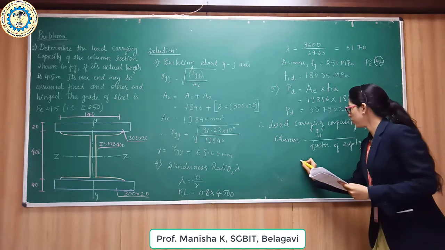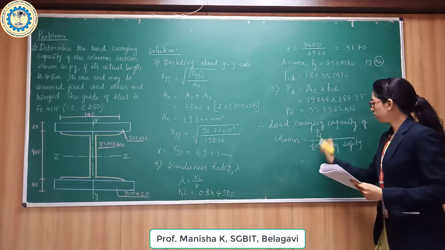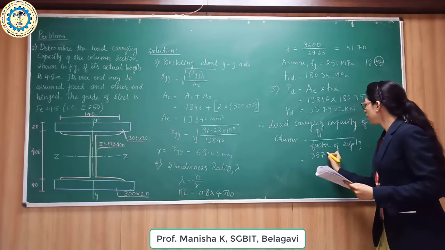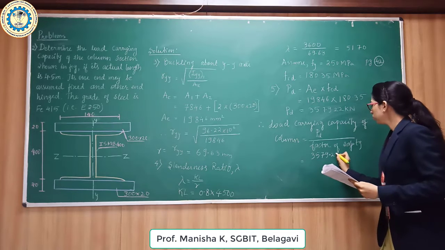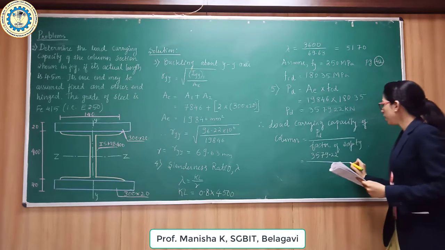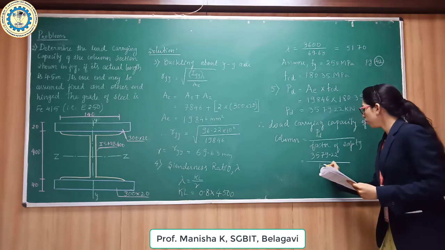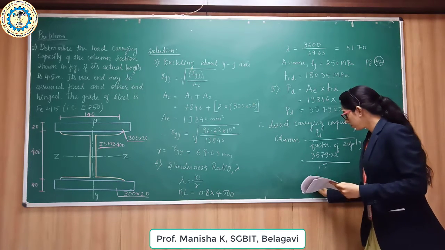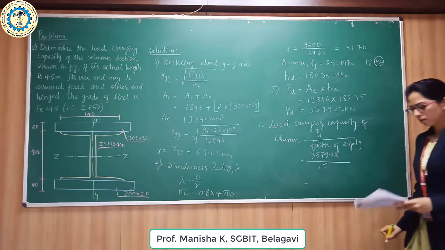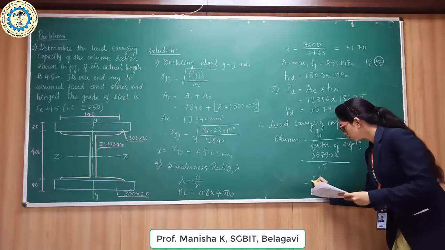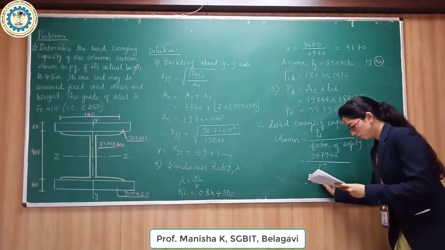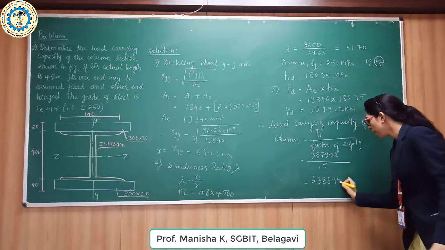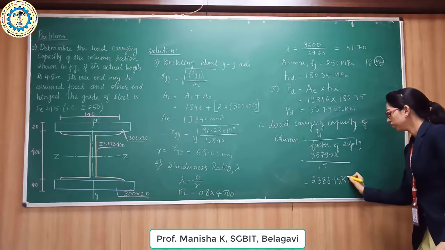Now this value, that is 3579.22 kilonewton divided by factor of safety 1.5, and the answer is 2386.15 kilonewton.